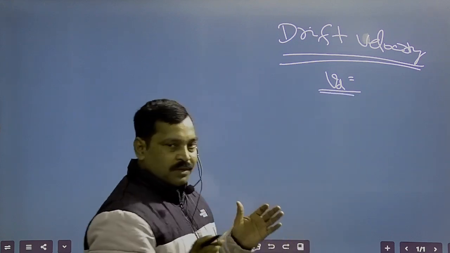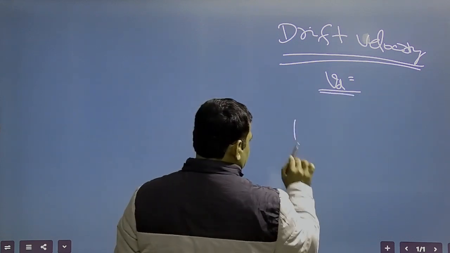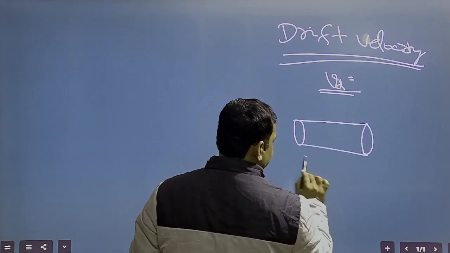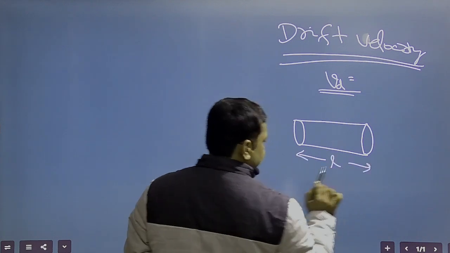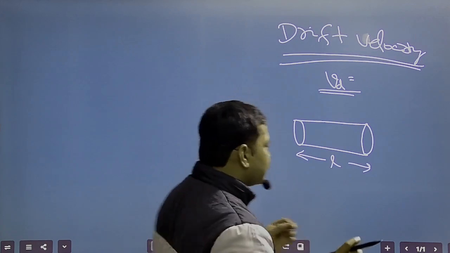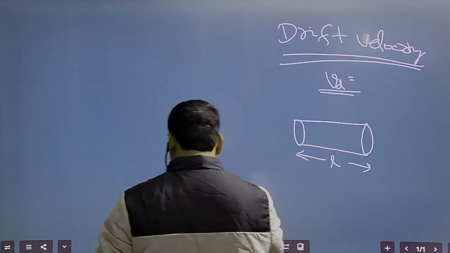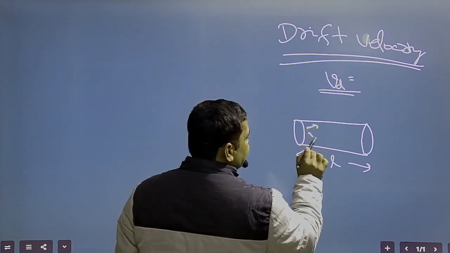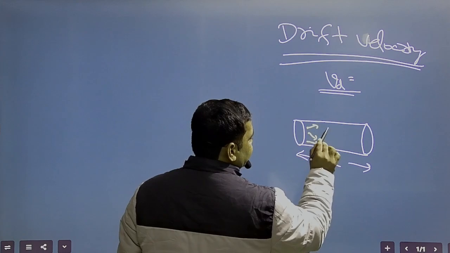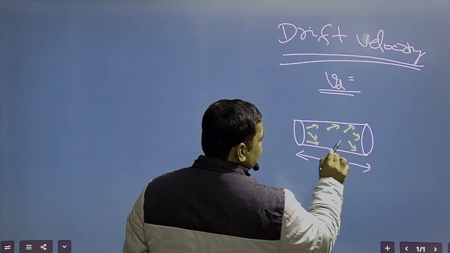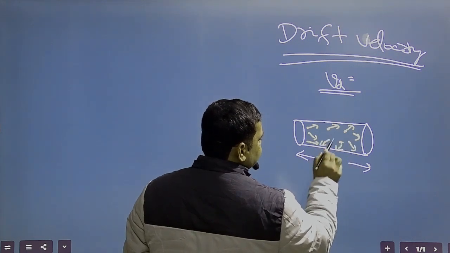Now let us consider a conductor of length L. If no battery is connected across the conductor, then the free electrons available inside the conductor will be in random motion in different directions due to thermal agitation.